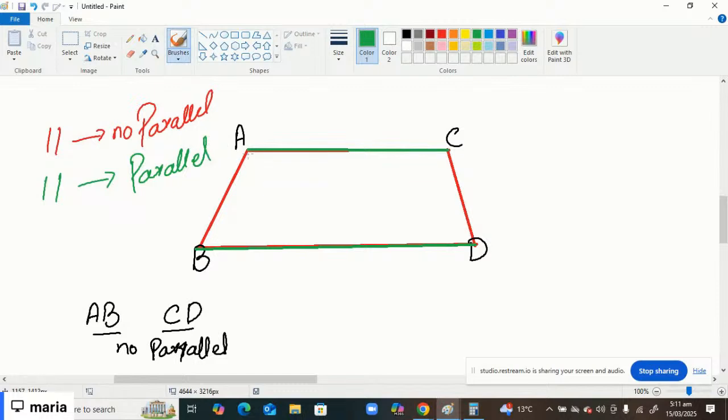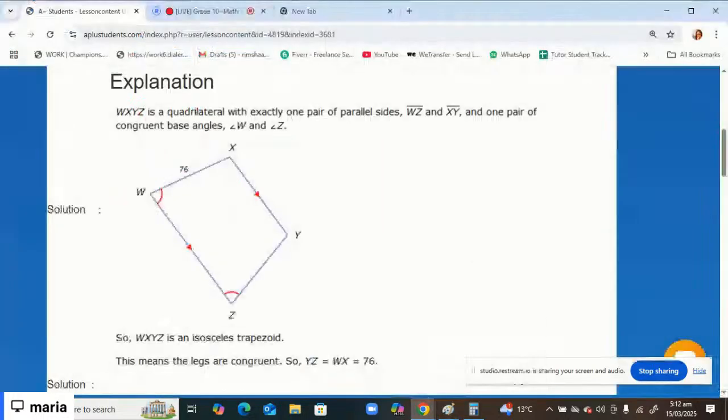Okay, because these two lines never cross each other, AC and BD. So the parallel lines are AC and BD. Look at this one shape: in one shape there are two lines that are parallel and two lines that are non-parallel. Okay, so this is the way we have discussed.